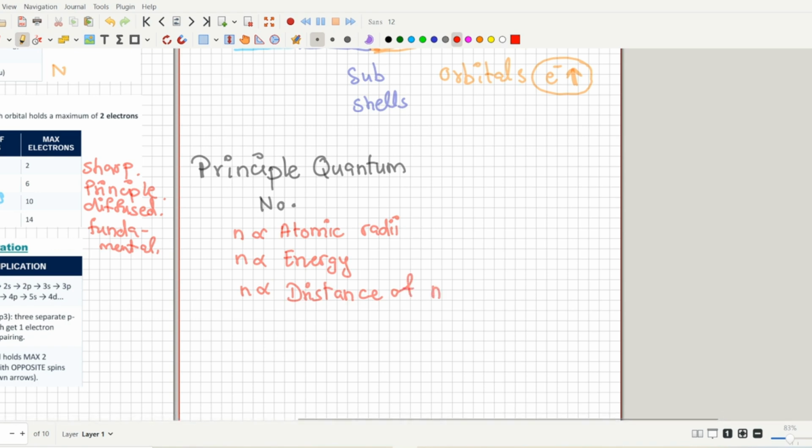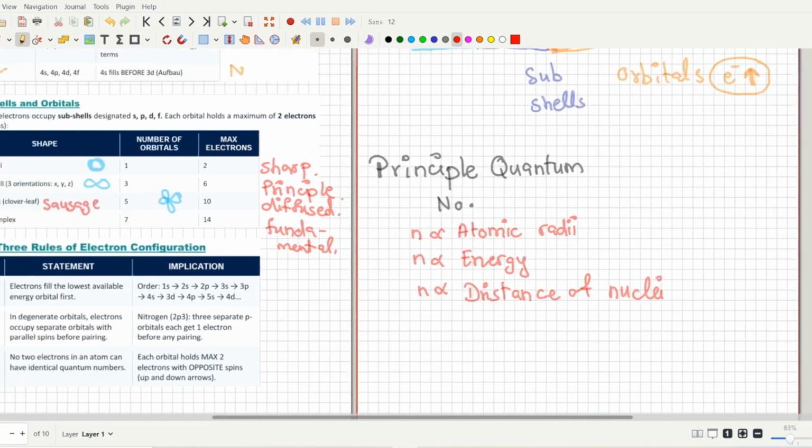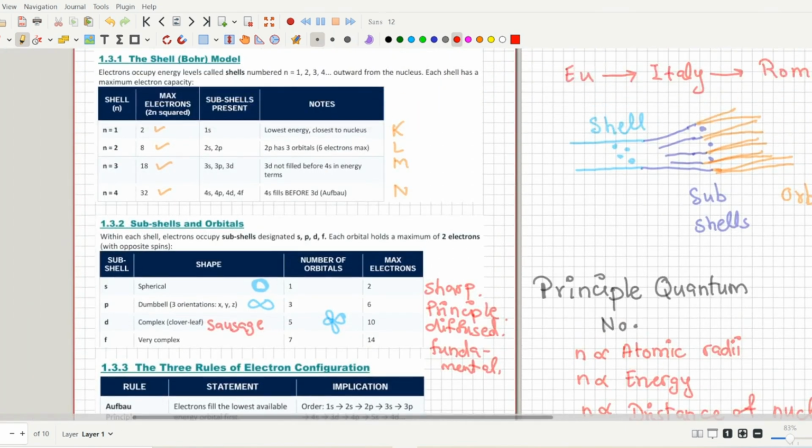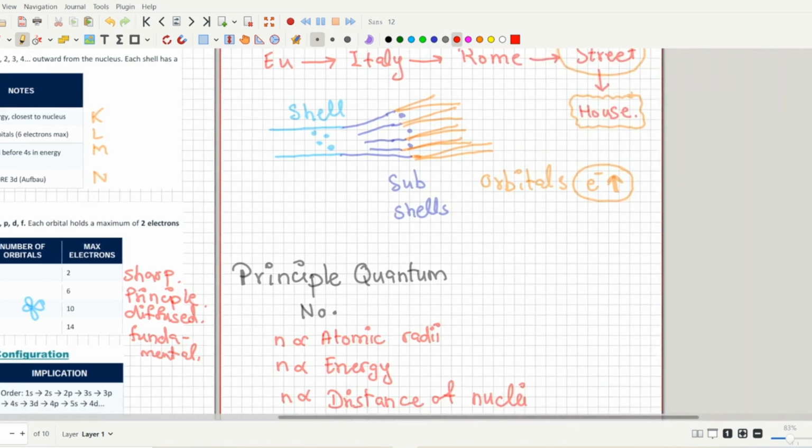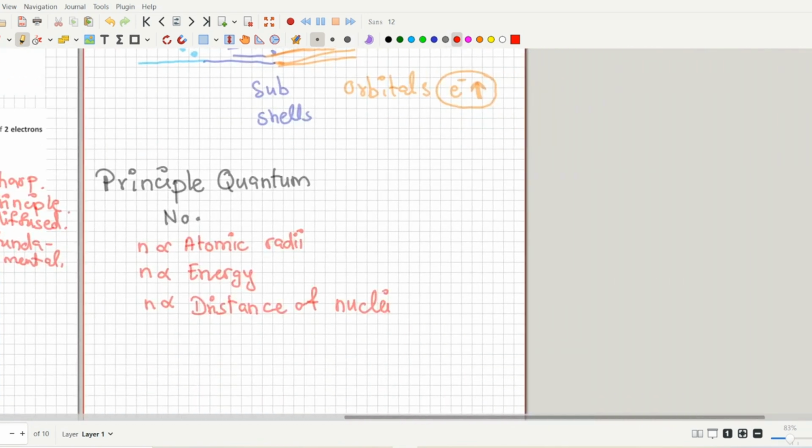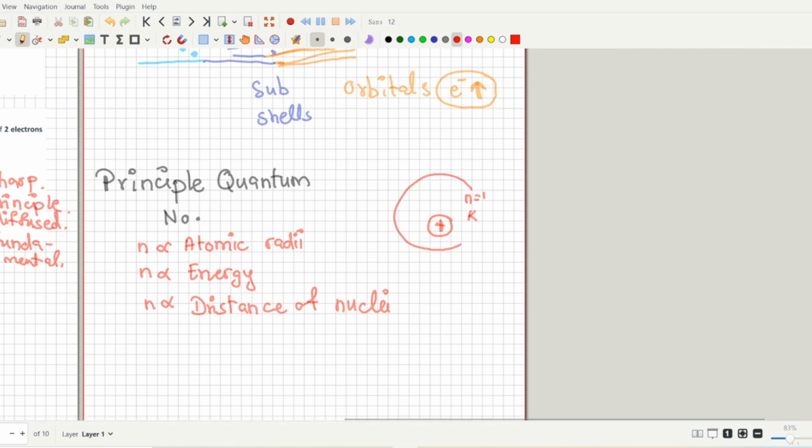So for example, let's get this from the shell numbers. The first shell is K, second is L, third is M and the fourth is N. So if I draw out all the shells here, the first is n equals 1, that is K shell, right?